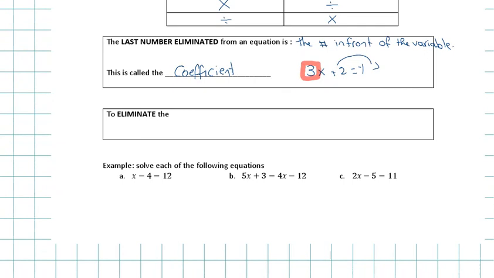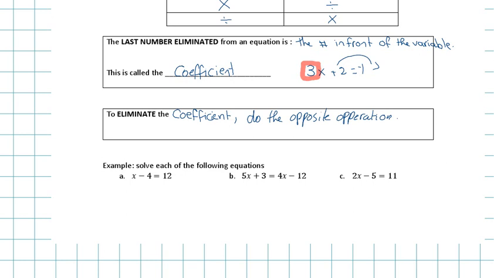So to eliminate the coefficient, do the opposite operation to both sides. In this case, it's multiplication, so you have to do division, okay?